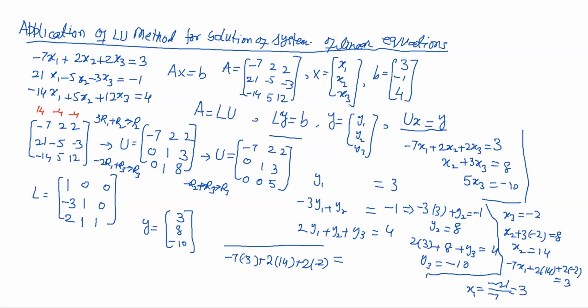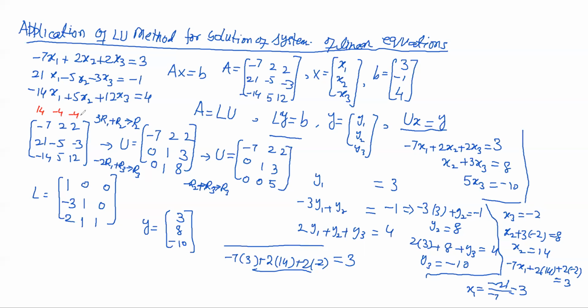What do we get? -21 plus 28, that is plus 7, minus 4 is equal to 3. So it's correct. Similarly, the other answers will also be correct. If I have not made any mistake in the calculation, the answer should be correct.